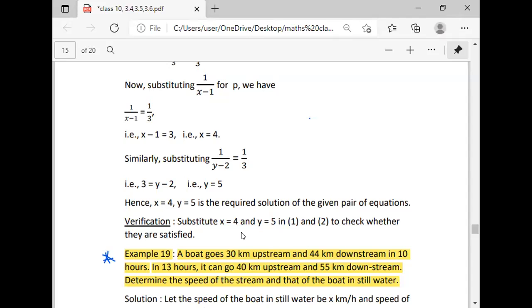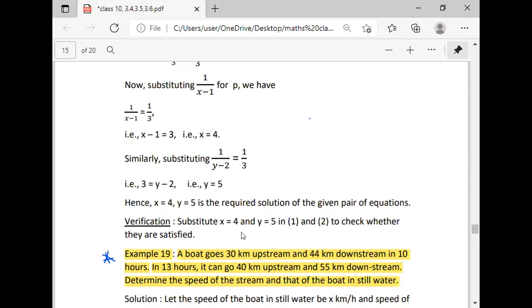Do you know what we mean by upstream? Can anyone say? Avani, can you say what you mean by upstream?